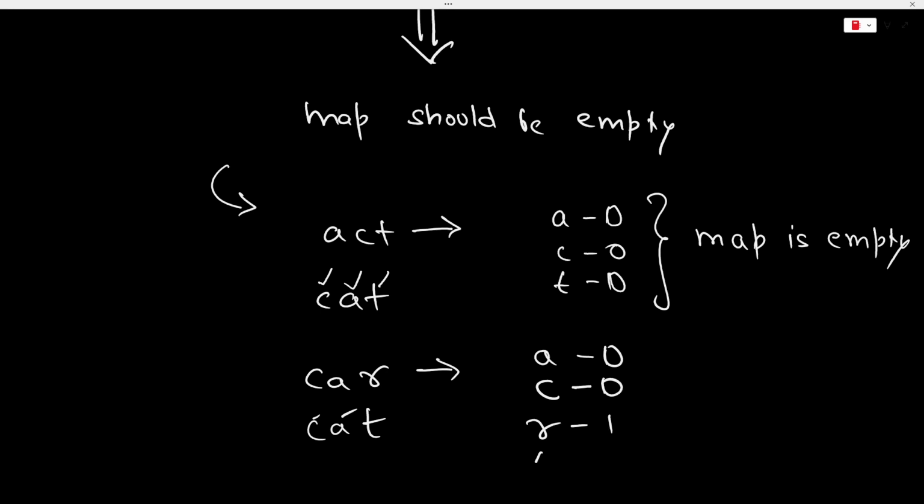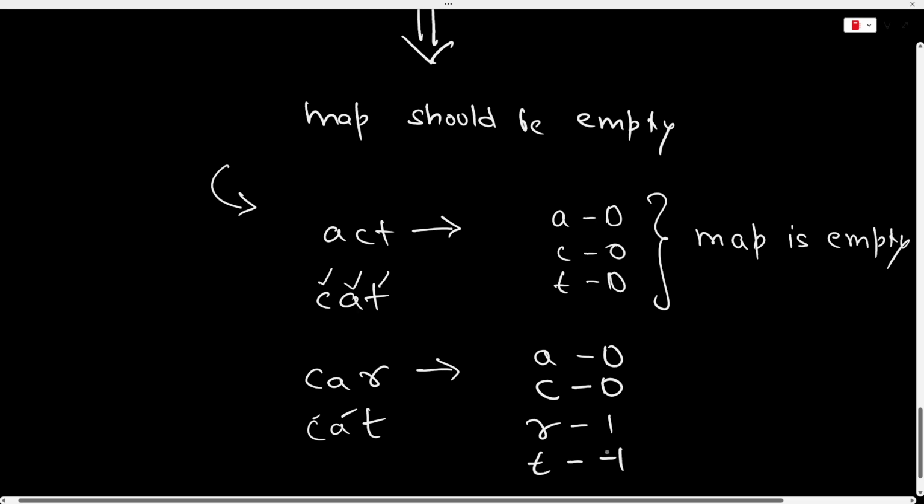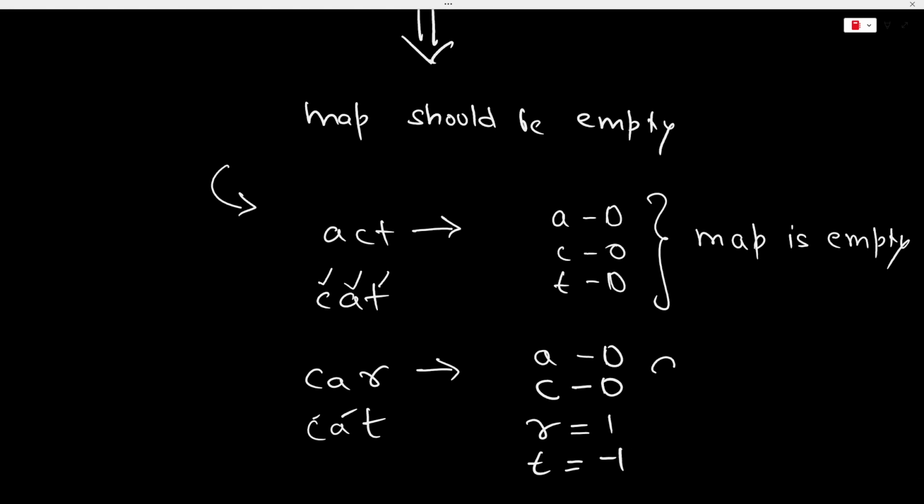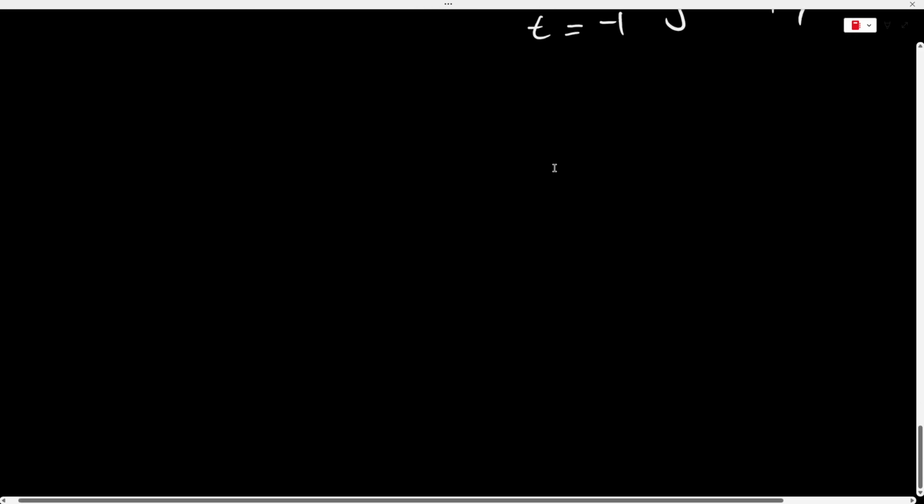R will remain as it is. T will be added, but its value will be -1. So our map is non-empty, which means that our initial strings were not anagrams. So this is our approach. I hope it's clear.